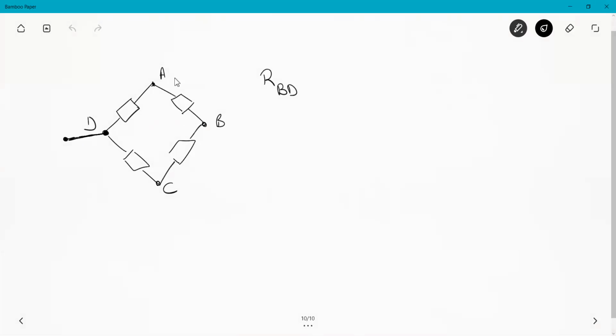So back on this, I had this node here, which was D. I can extend a wire here if there is nothing in between these two points. It means that they have exactly the same potential, right? Same thing here.